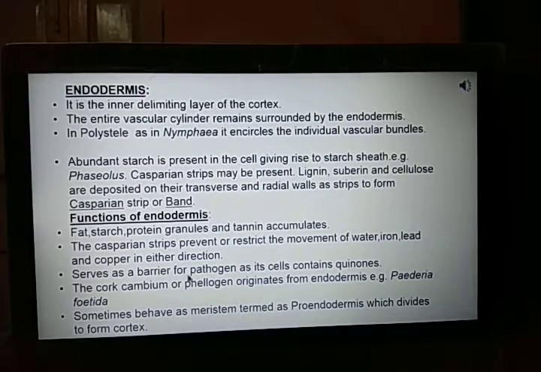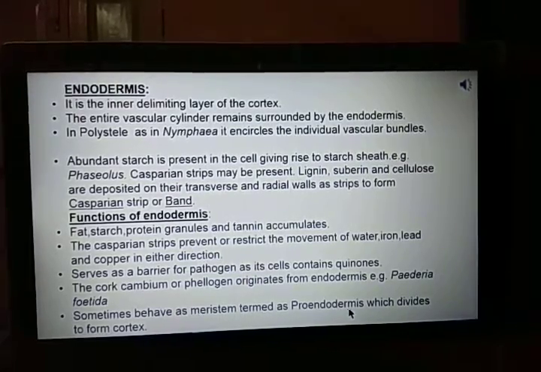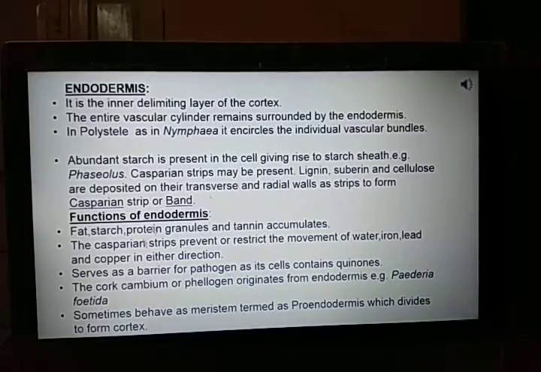The cork cambium or phellogen originates from the endodermis sometimes, as in Pteridium. Sometimes these endodermal cells behave as meristematic cells, which is termed as proendodermis. They divide to form cortex.